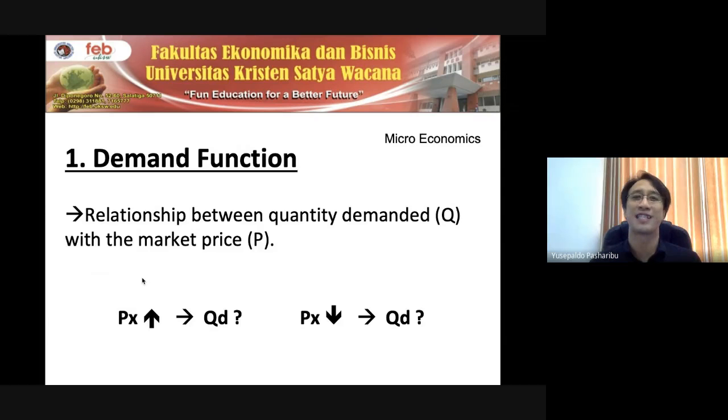So in demand function, pretend that you are a consumer, a user. What happens if the price goes up?